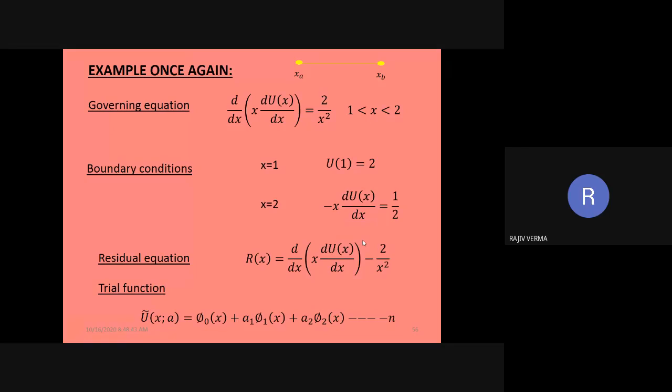The residual is going to be equal to 0 only if you substitute the exact value in the residual equation. But for any other assumed polynomial which represents the unknown parameter, the residual is not going to be equal to 0.